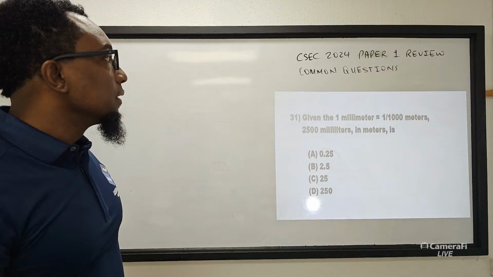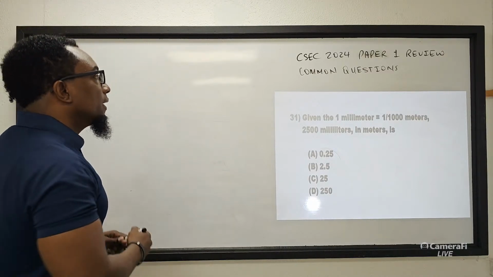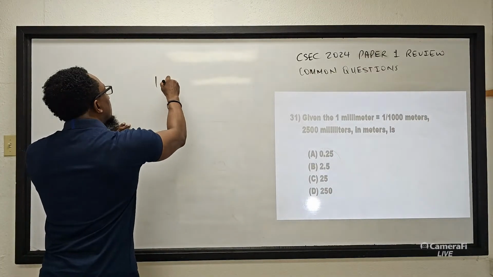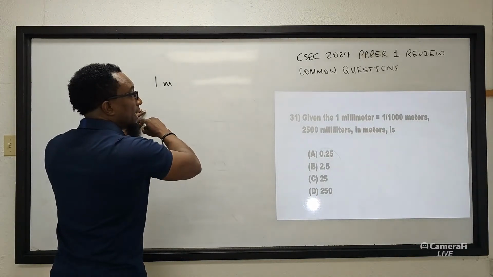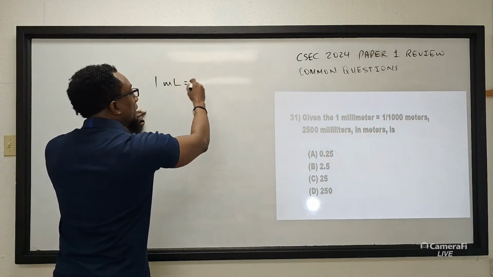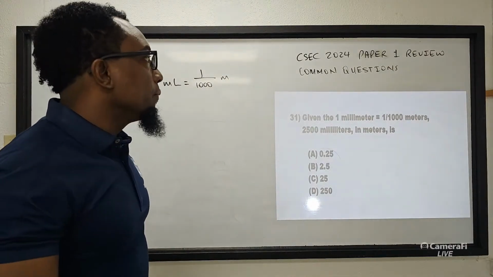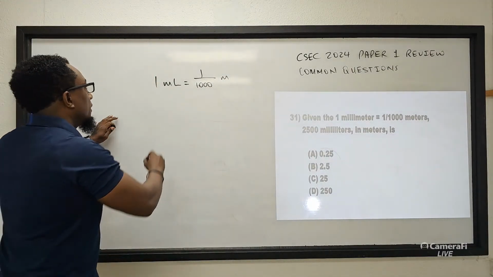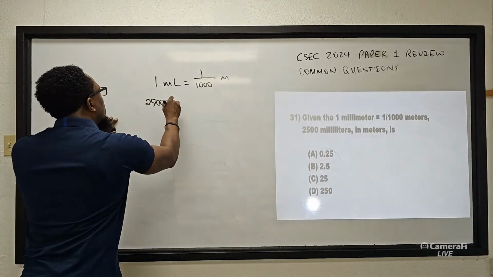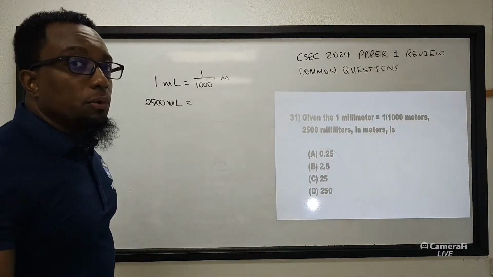So we know that if 1 milliliter, write it as ml, is equal to 1 over 1,000 meters, then what is 2,500 milliliters equal to in meters?